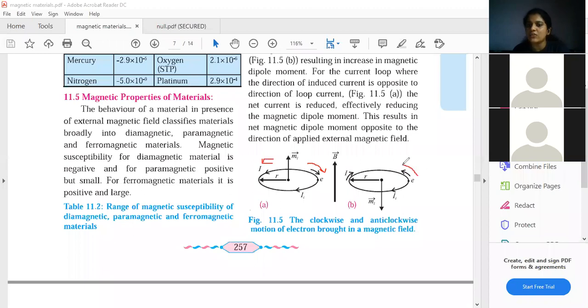And when the electron is anti-clockwise, its current is in the opposite direction. Now let's talk about the induced current. In the first scenario, when the electron is moving clockwise, the induced current is in its direction only, along with the electron direction. And in the second scenario, it is opposite to the electron's direction.